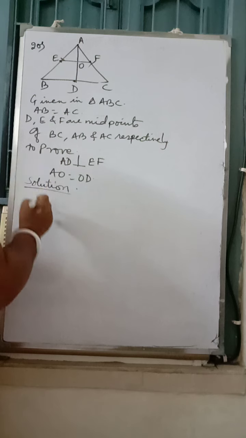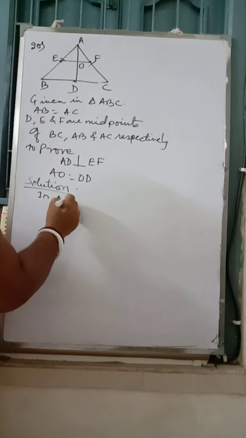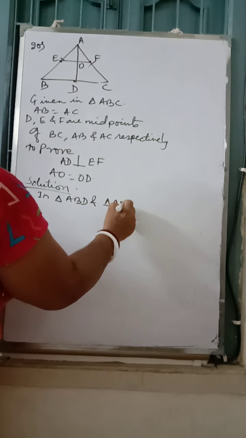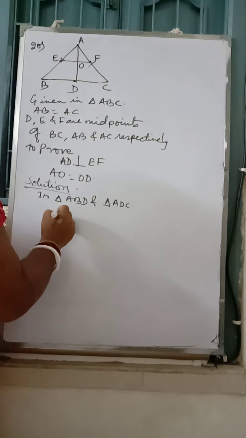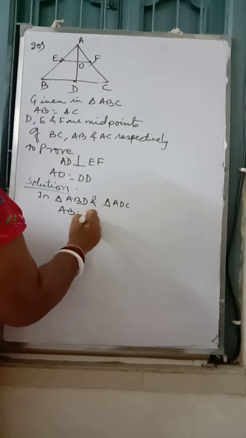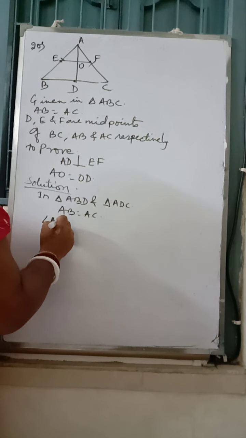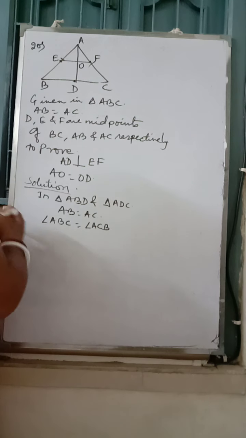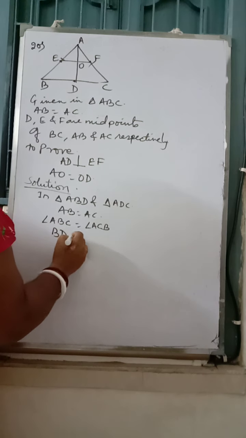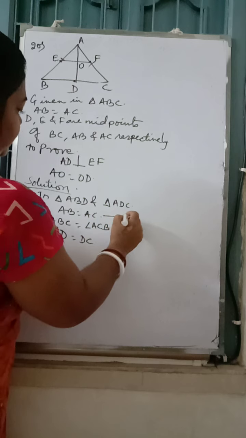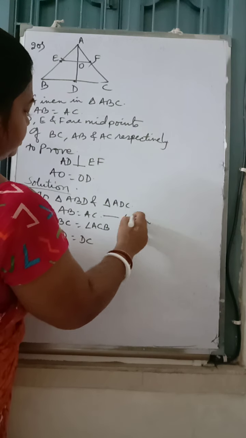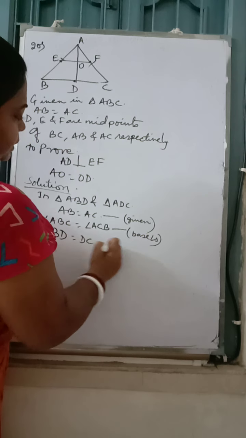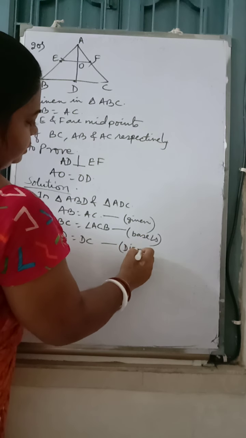In triangle ABD and triangle ADC, AB is equal to AC, angle ABC is equal to angle ACB, BD is equal to DC. Why? This is given, these are base angles, and D is the midpoint.